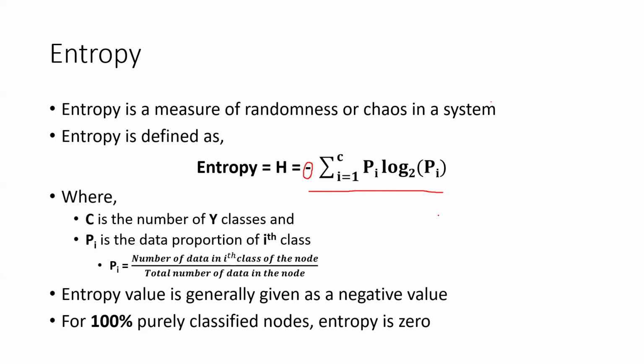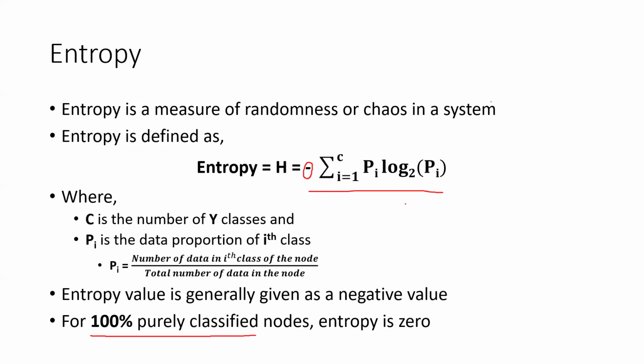When there's no disorder, when it is 100% pure, that means when your classes are 100% purely classified, then this entropy, denoted by H, becomes 0. When there's some impurity, it should have some value.